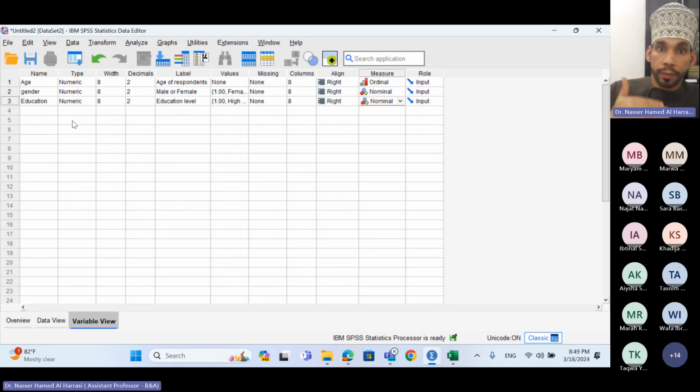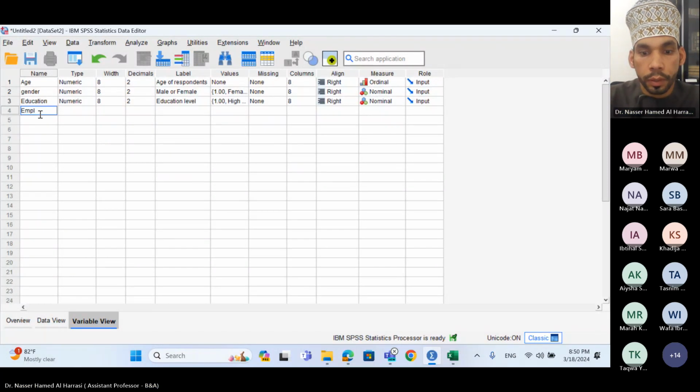Now we will move to our variables. We have 2 variables: employee satisfaction and employee performance. So we will start with the first one, employee. Just remember, in the name, we cannot make a space. We need to write it together without any space.